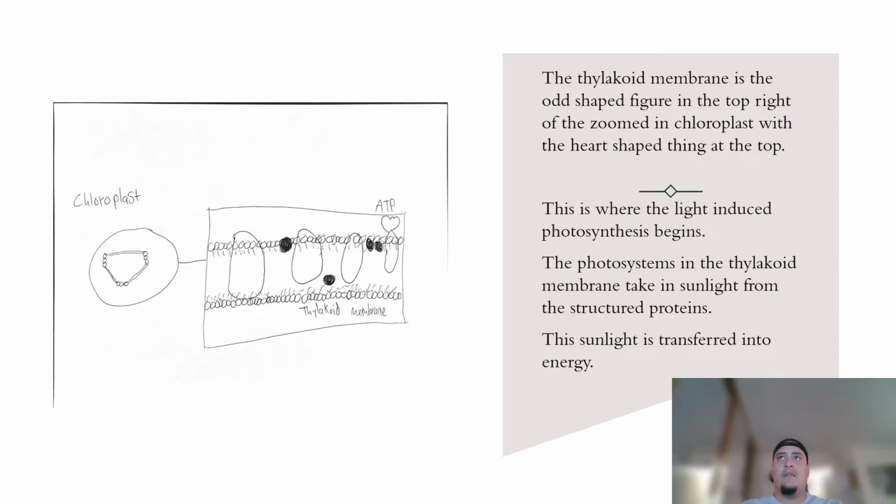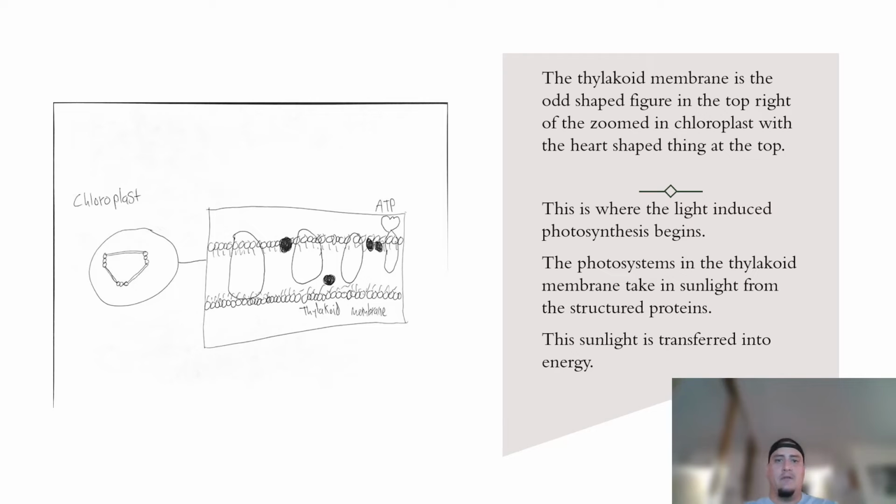In the thylakoid membrane is where the light-induced photosynthesis begins. The photosystems in the thylakoid membrane take in sunlight from the structured proteins throughout the chloroplast. This sunlight is then transferred into energy, which can be used by the plant to produce the oxygen and the carbohydrates.